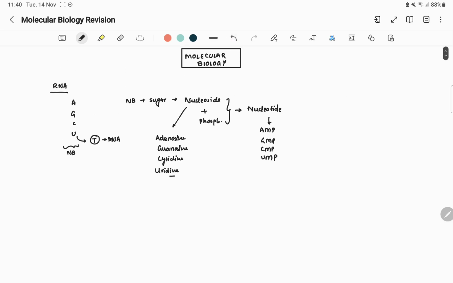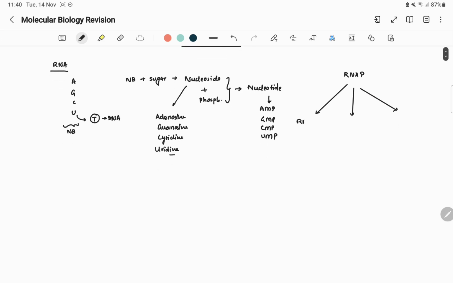Understood? Then we have some RNA polymerases. RNA polymerases are the enzymes which synthesize the RNA template. We have 3 RNA polymerases in eukaryotes, note that this is in eukaryotes: RNA polymerase 1, RNA polymerase 2, and RNA polymerase 3.